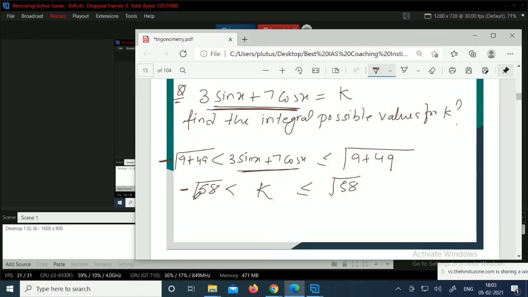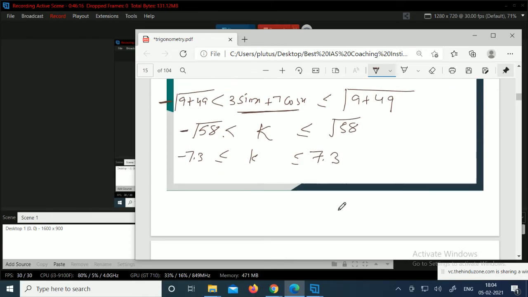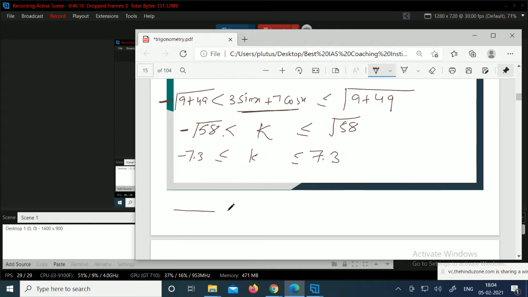Okay, so the approximate value of root 58 is how much? It is 7 point something, let's say 7.3 or whatever value. So k is between minus 7.3 and plus 7.3. I am not going to calculate it precisely, but I have the idea this value is 7 point something. So now we have to calculate integral values from minus 7 point something to plus 7 point something. So tell me how many integral values are possible.